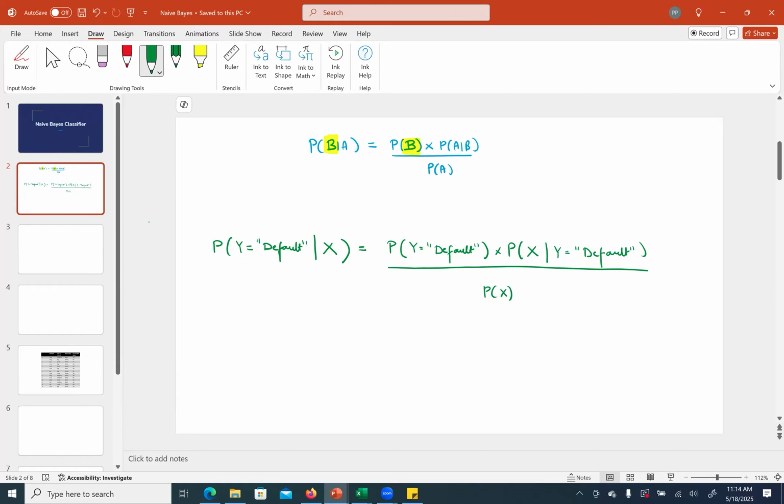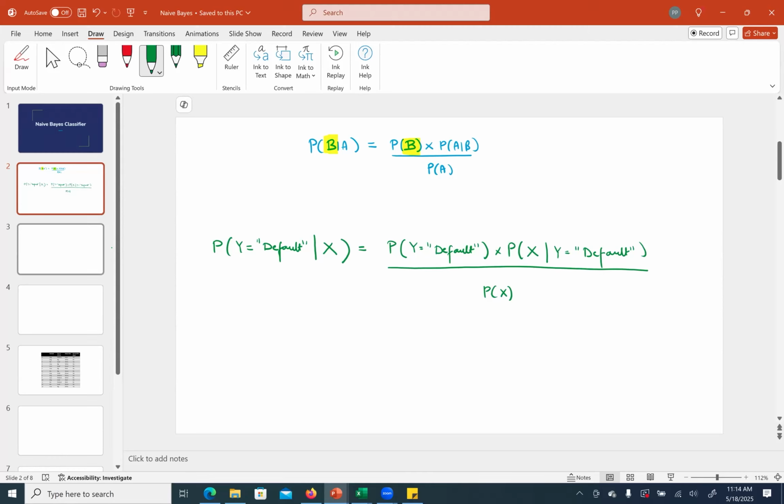So now it's a little complex as compared to what we were writing before, probability of B given A and all of that. When I take an example, I think it will become much clearer.